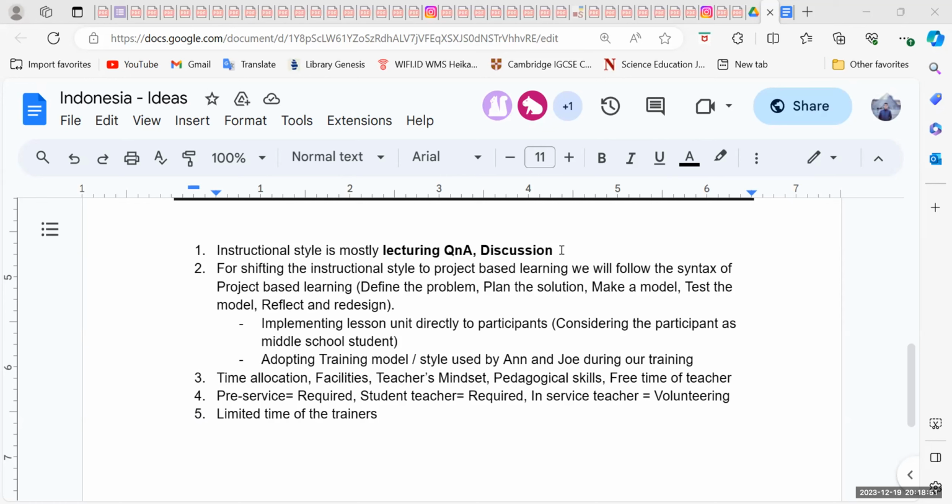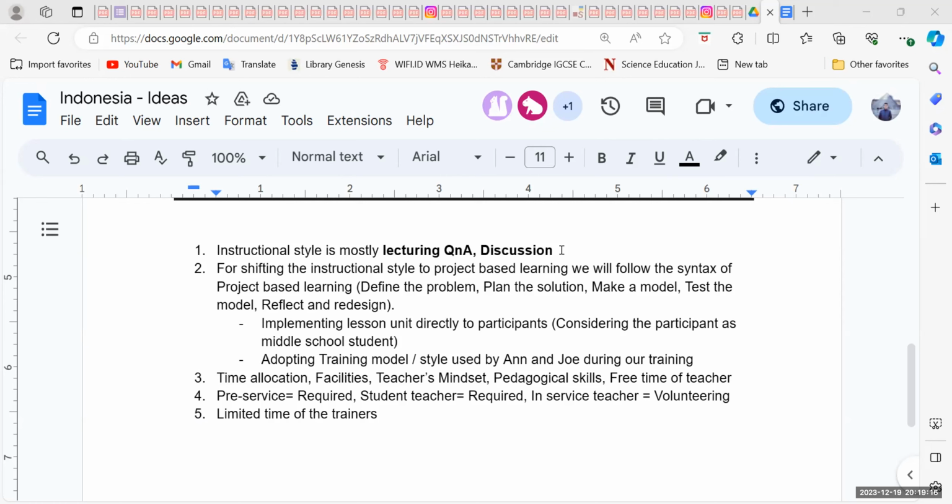And then the challenges that we will have during our trainings. I think the first one is that our science class is not every day in middle school. Our science class is only twice a week, and each session takes about 90 minutes.